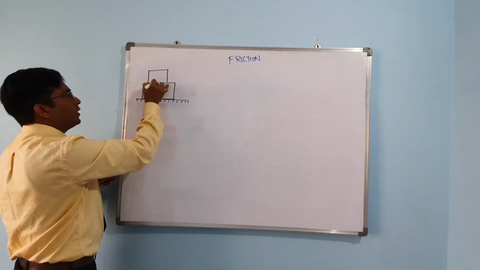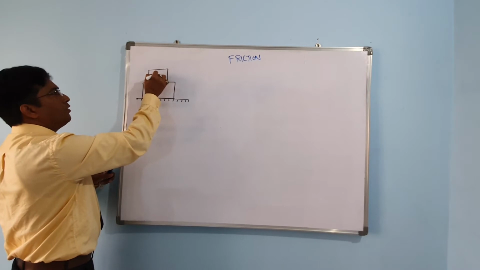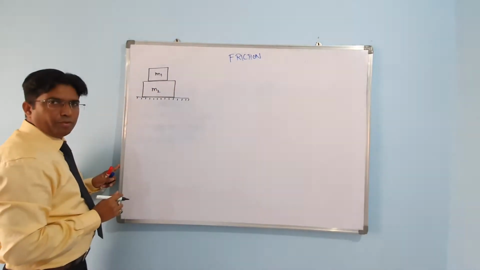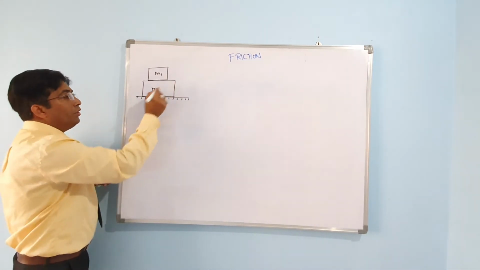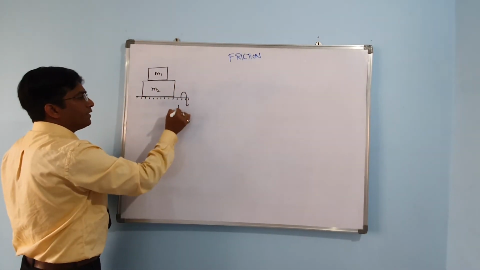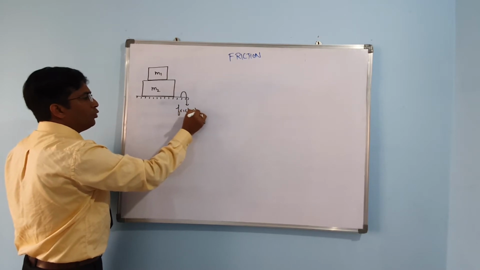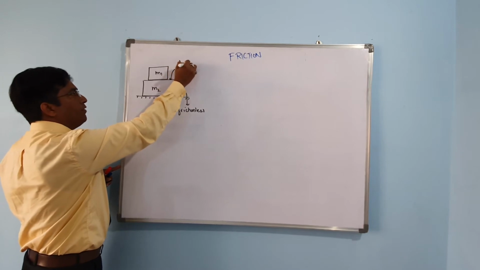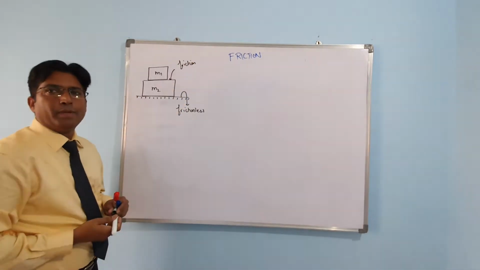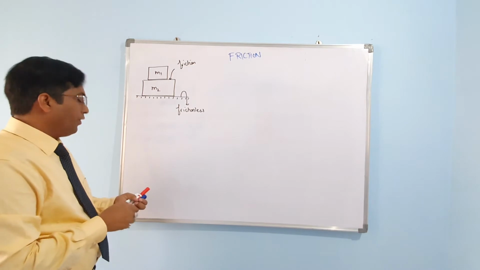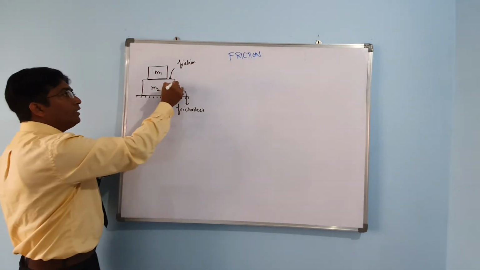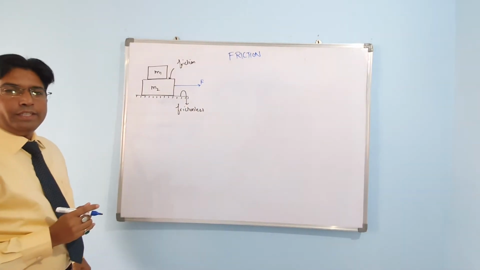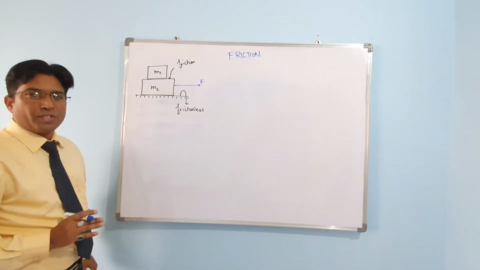This block is of mass m1 and this block is of mass m2. Now, this ground is considered to be frictionless, whereas there is friction between the blocks of masses m1 and m2. Now, suppose I am applying some force F on the lower block.